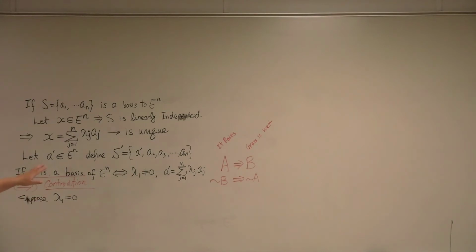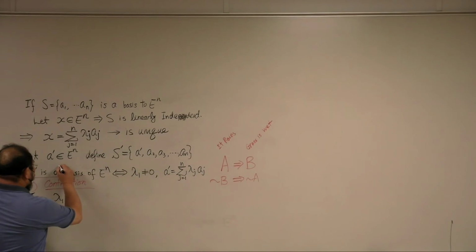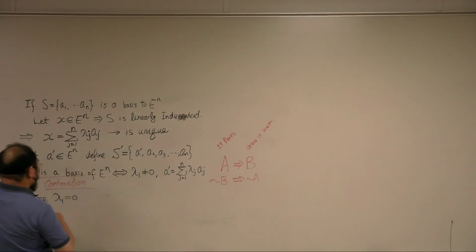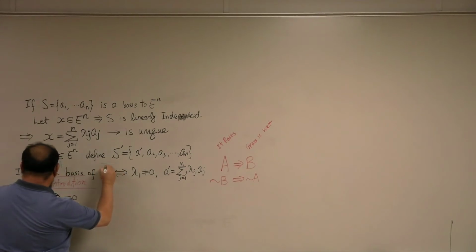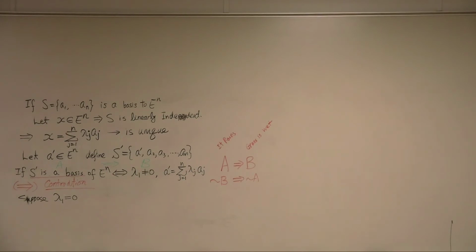At the very beginning, we're trying to say, this is A, this is B. So here we're trying to prove this direction, this is A, and this is B. Make sense?